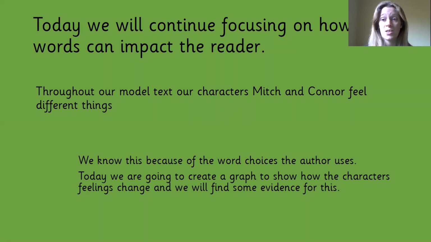And today we're going to create a graph to see if we can figure out how those characters are feeling at different points of the story, okay? So I want you to follow along with me as we do it, okay? I'm going to be showing you how to make your graph. Then I want you to think, do you agree with some of the things that I am saying, okay? We're going to be looking to see if we can find evidence for this, right?